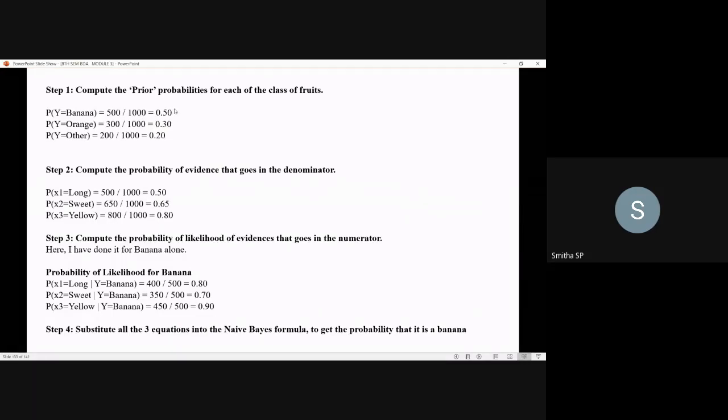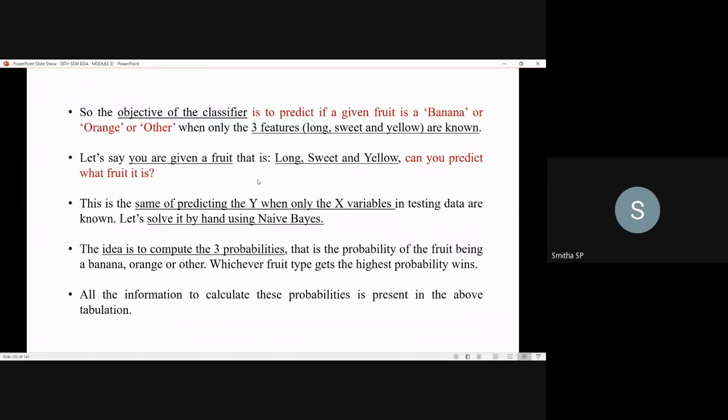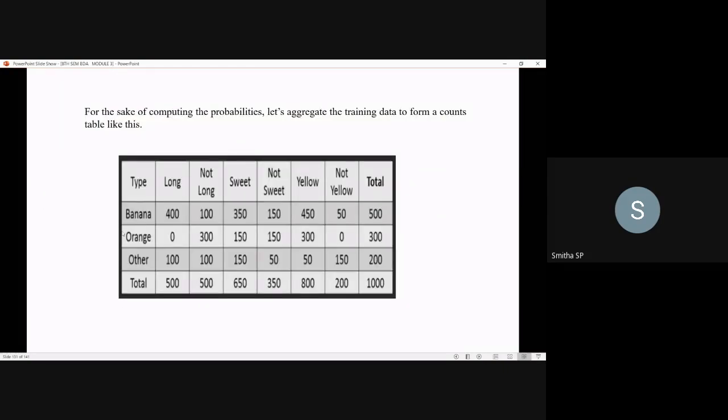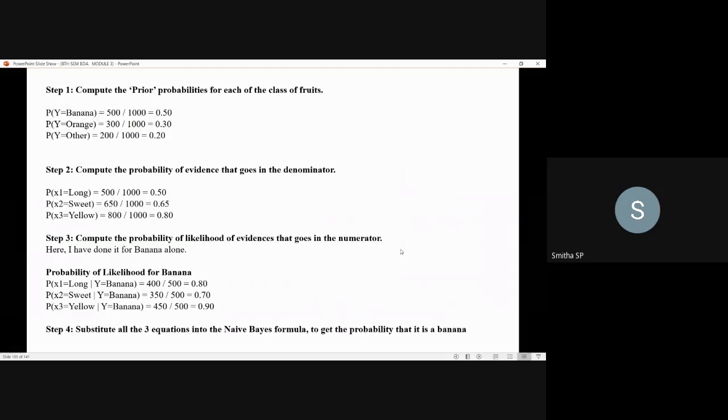Similarly for orange, you have 300 oranges, where the total number of fruits is 1000. 300 by 1000, so you obtain 0.30. And the other fruits, the count is 200. So 200 by 1000 is equal to 0.20. So now you have obtained the probabilities for the y variables.